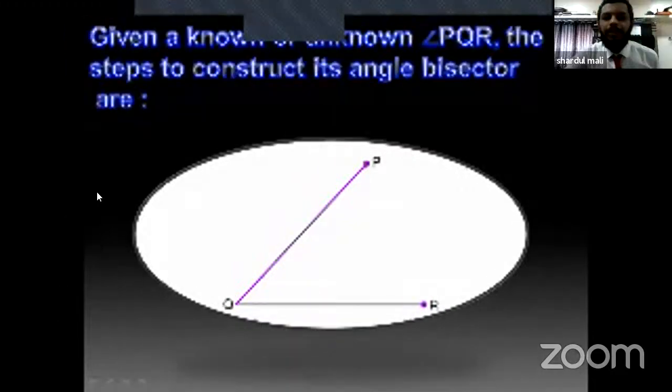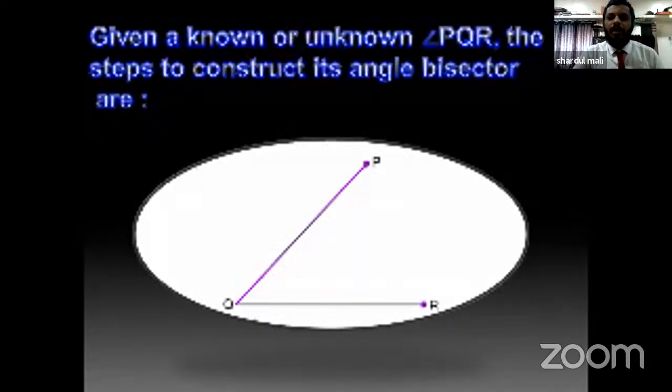One more important thing, you first want to draw a diagram of the angle with the given measurement, like you can see on the screen. Angle PQR is drawn here. We can easily understand which is the vertex in that angle.